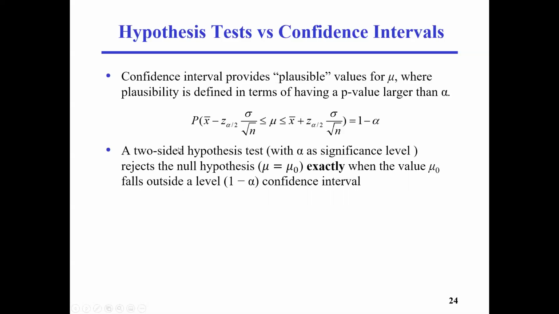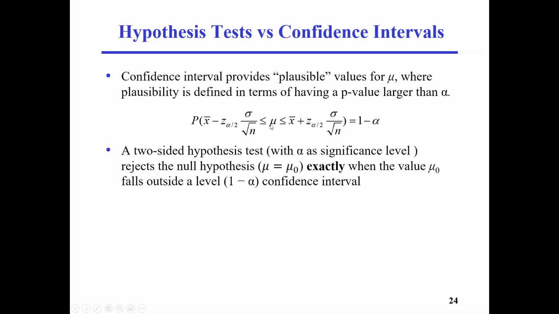Now let's talk about hypothesis testing. A two-sided hypothesis test with alpha as the significance level rejects the null hypothesis exactly when the value mu0 falls outside of this confidence interval.